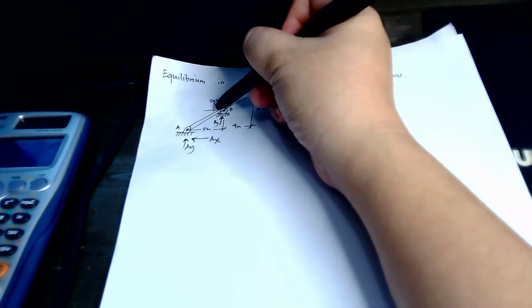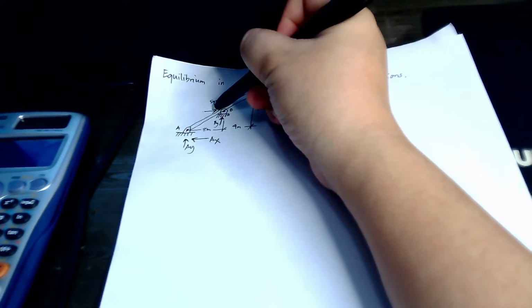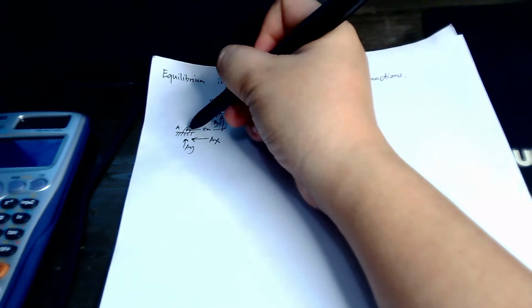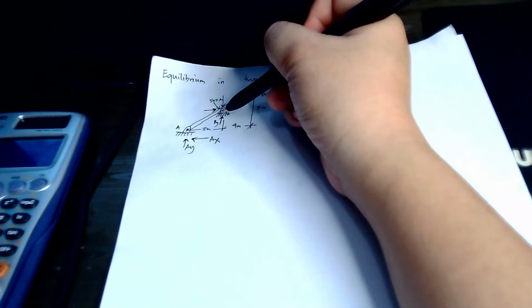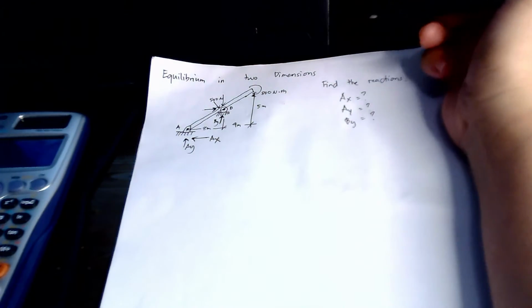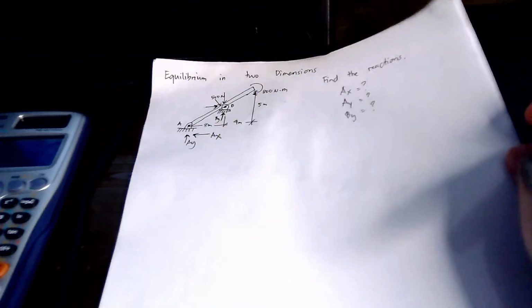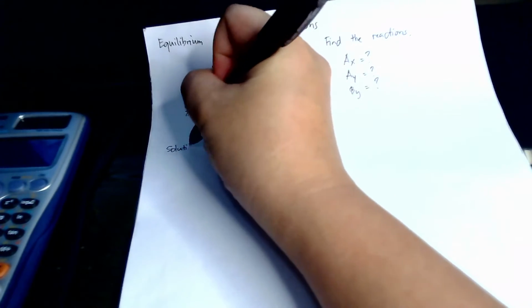If this loading contributes a force towards the right, it should be balanced by the reaction AX so that it will stay in its place and be in equilibrium. Okay, so let's start.